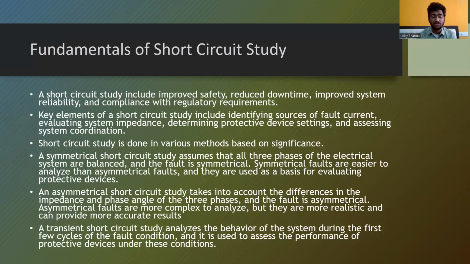Generally, any short circuit first goes through a transient state and then goes to a consistent or constant state. During the transient state, that is, from the short circuit to the stable state of the fault, the study is called a transient study. And when the load or fault is asymmetrical, the asymmetrical short circuit studies are taken into consideration.